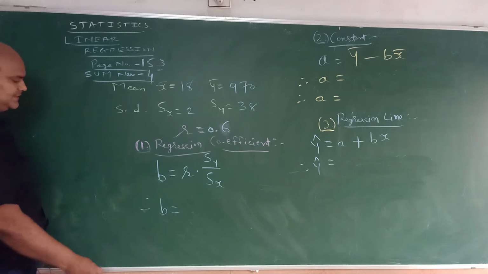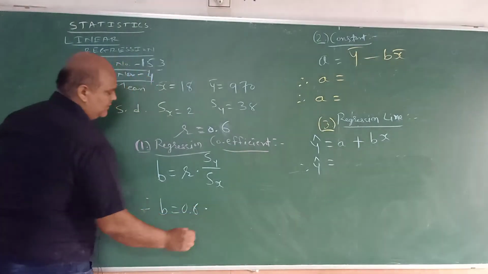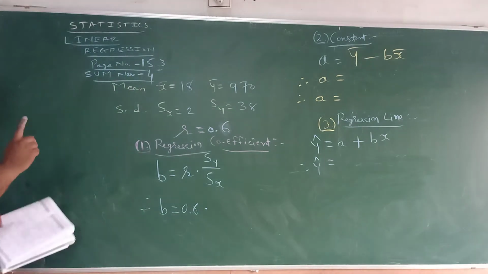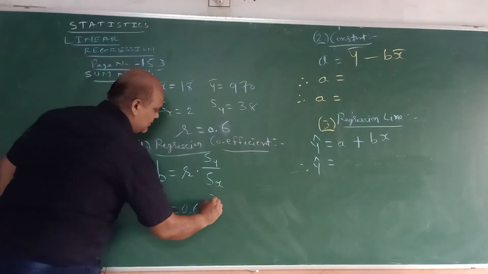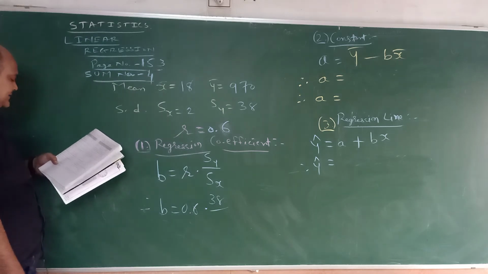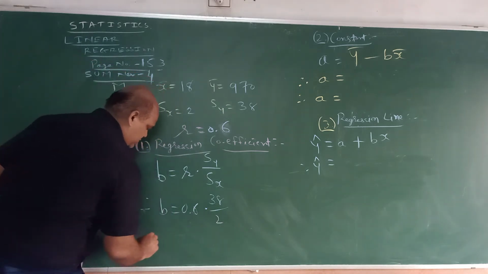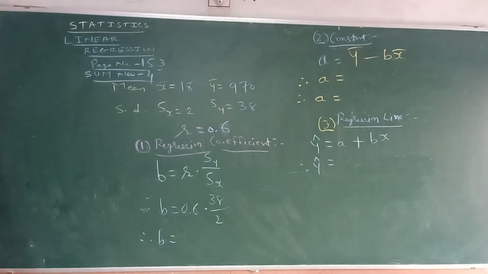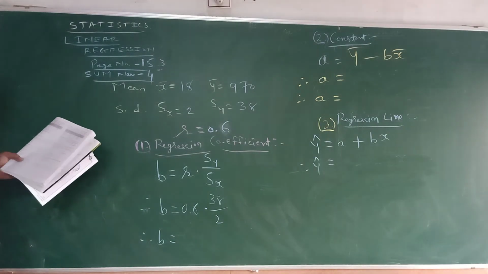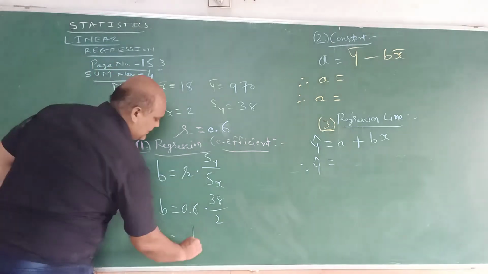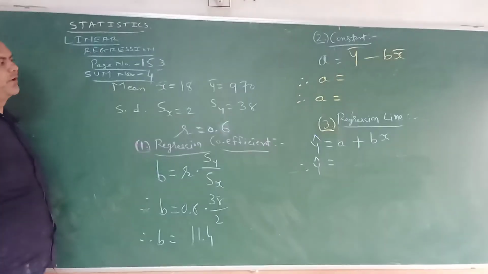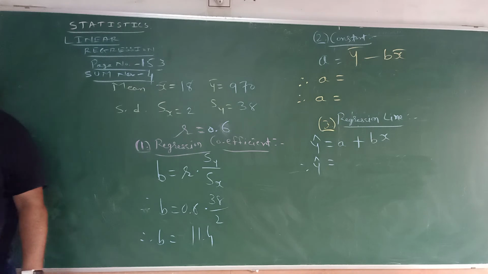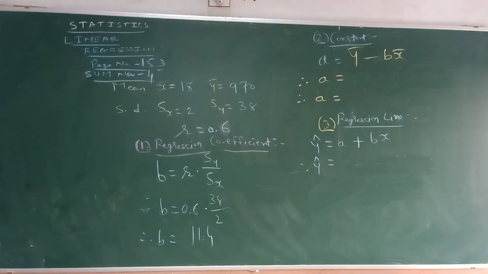R is 0.6, Sy is 38 and Sx is 2. So B is 0.6 times 38 divided by 2. Final answer is 11.4.